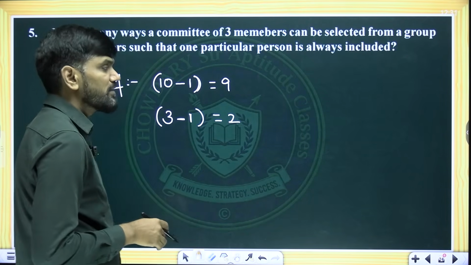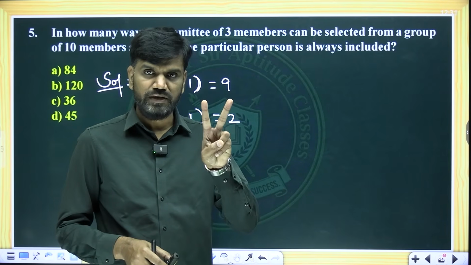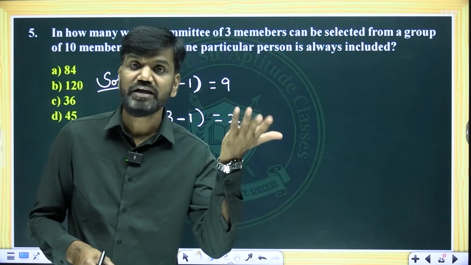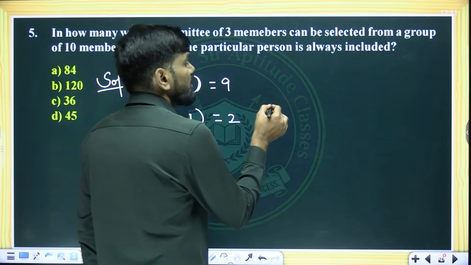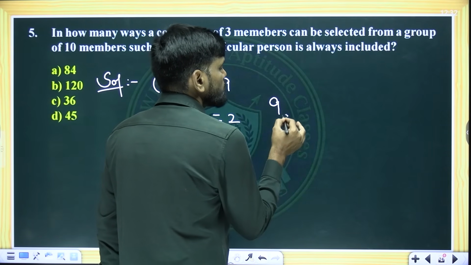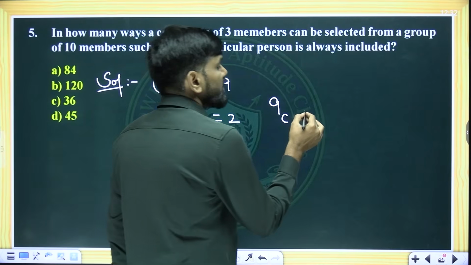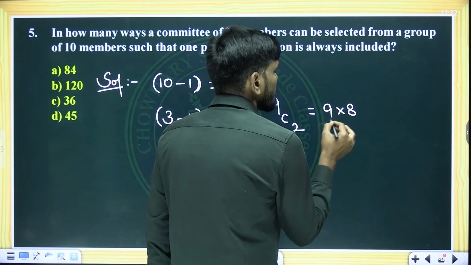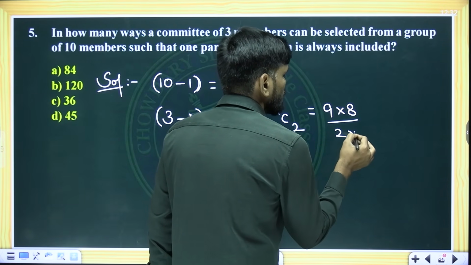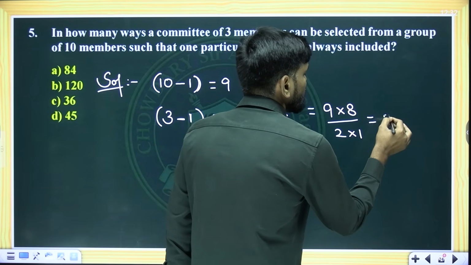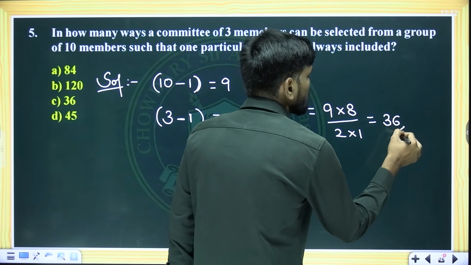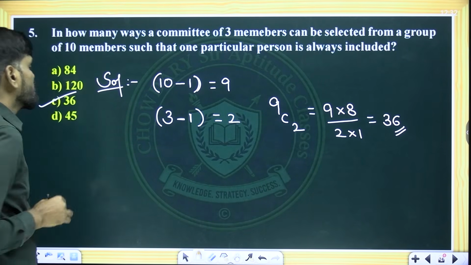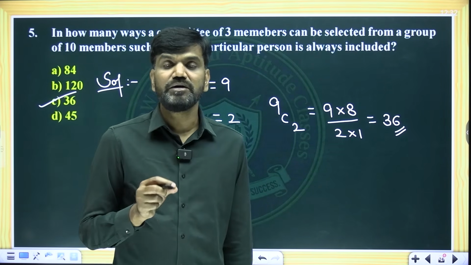Hence out of that remaining 9 people, you have to choose 2 people. 9C2. That will give you 9 into 8 by 2 into 1. That will give you 9 into 4. That should be how much? 36. Hence your answer has to be 36 and that should be option C.